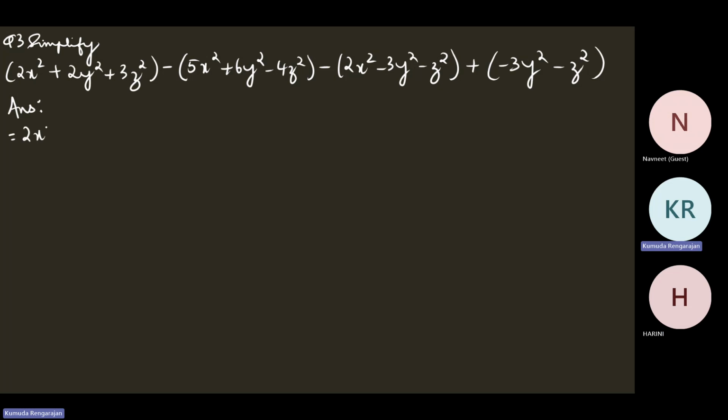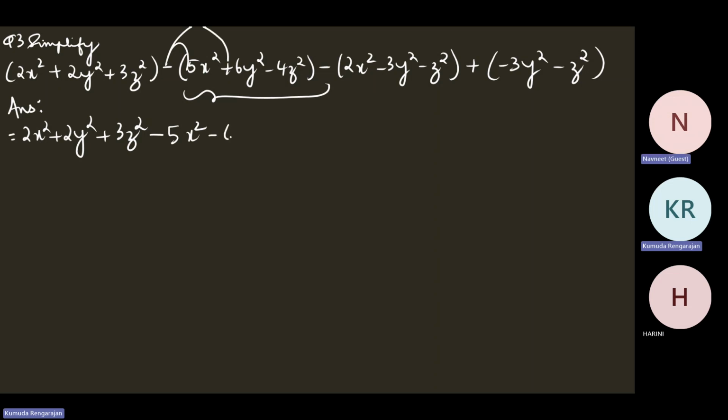So 2x squared plus 2y squared plus 3z squared, correct? Now, before this, we have a minus sign. So how do you open the bracket? Minus into plus, minus, correct? Minus 5x squared. Minus into plus, minus. Minus into minus, plus.